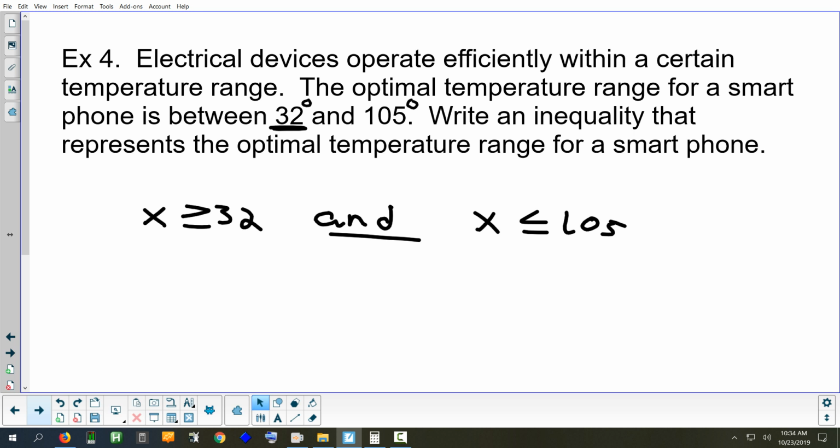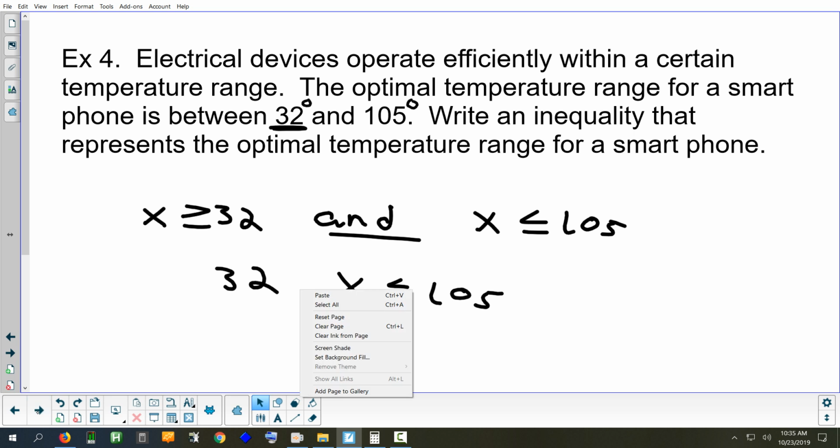Okay, last thing, if somebody wanted to shorten that and put it all together, I gave bonus points if you wrote it the short way. How would you write this the short way? 32 is less than or equal to X, and then we put, less than or equal to 105. Okay, and this first one, what should this one be again?